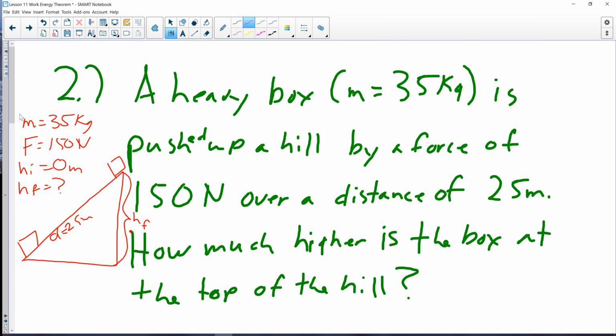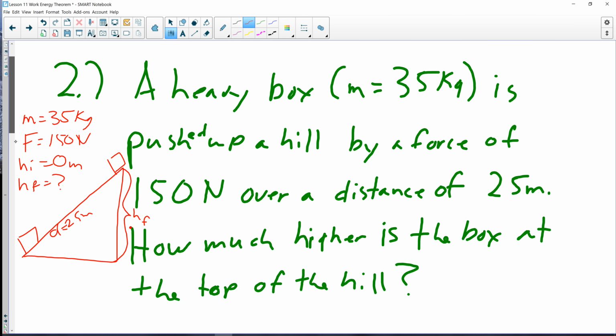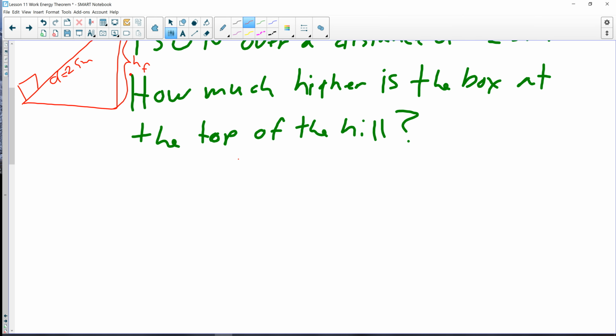Okay, looking at my givens and the context of the question, something being pushed up a hill at a constant speed, what kind of energy is changing in this question? Potential energy is changing, okay? The height's changing, the speed isn't, right? So that means that my next setup then is that in this question, work is a change in potential energy, right?